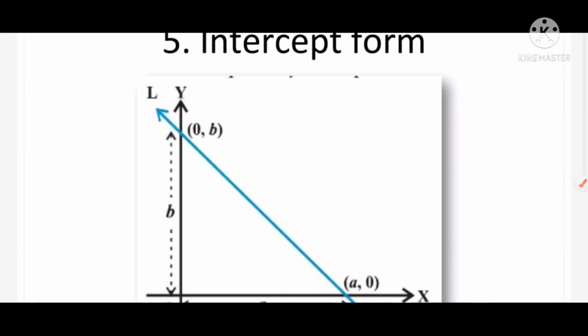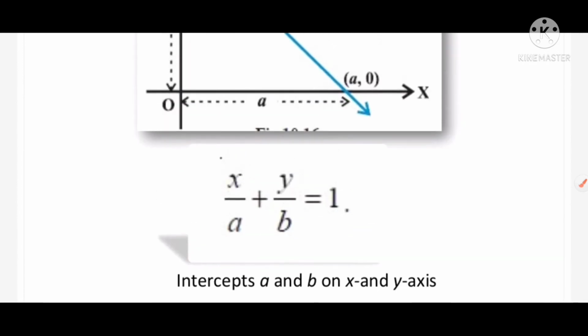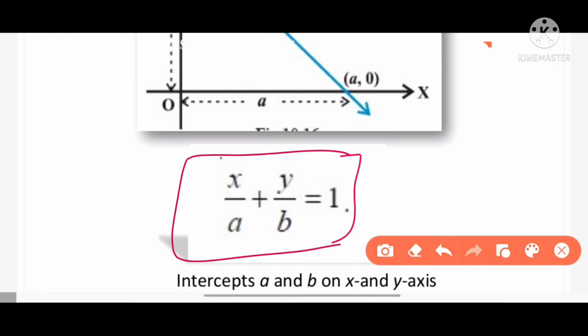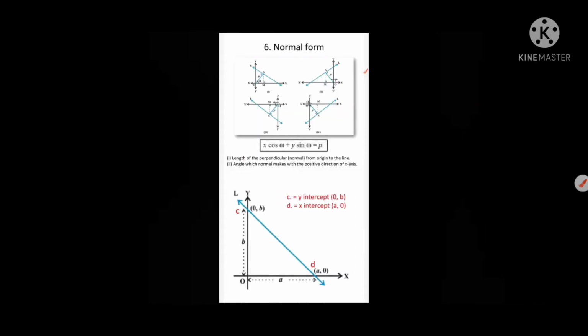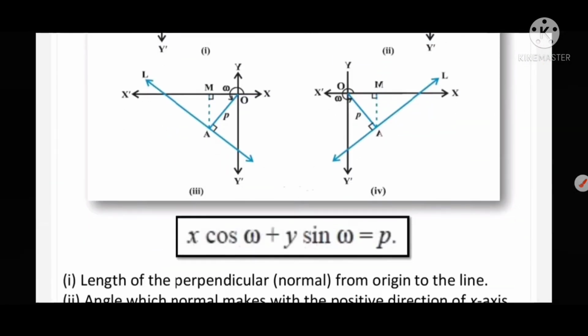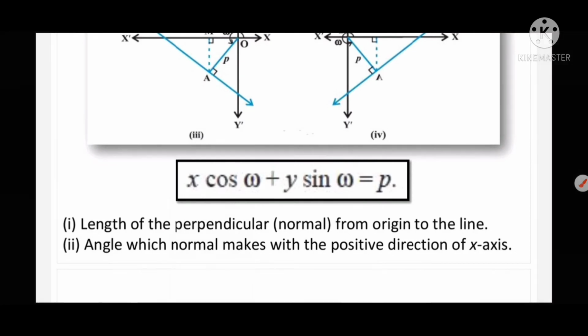If both intercepts are given, then the equation is x by a plus y by b is equal to 1. Next is the normal form. The equation of the normal form is x cos omega plus y sin omega is equal to p.